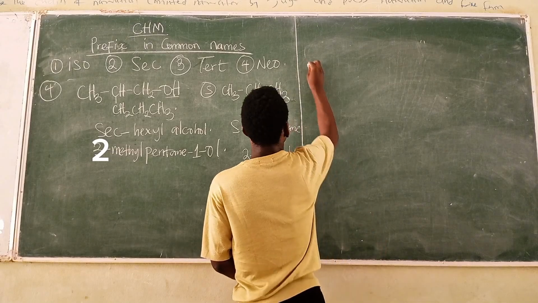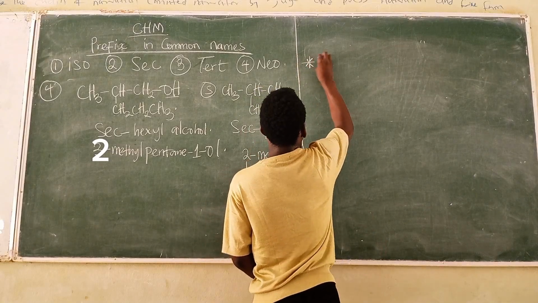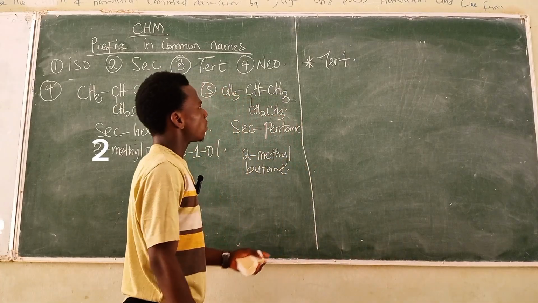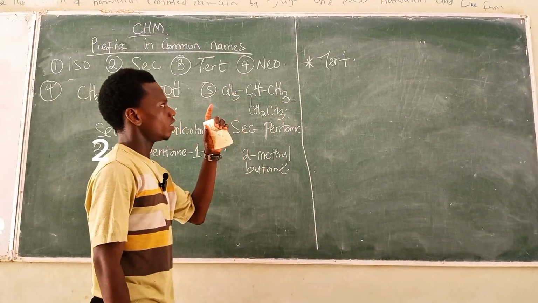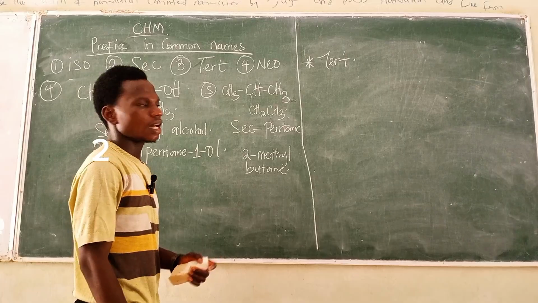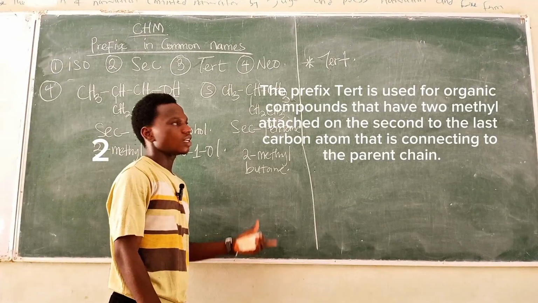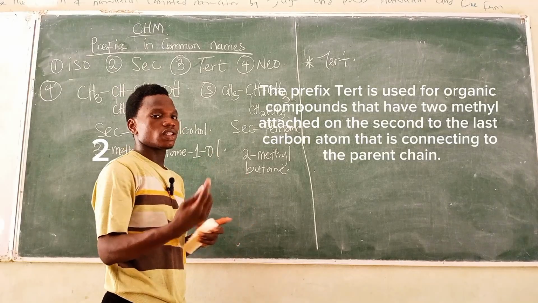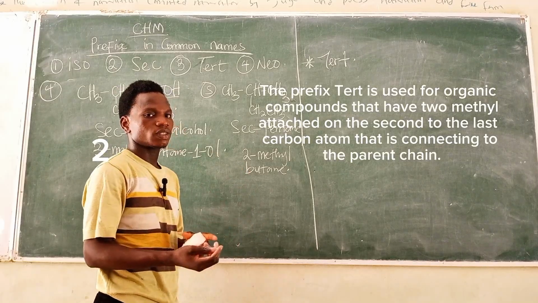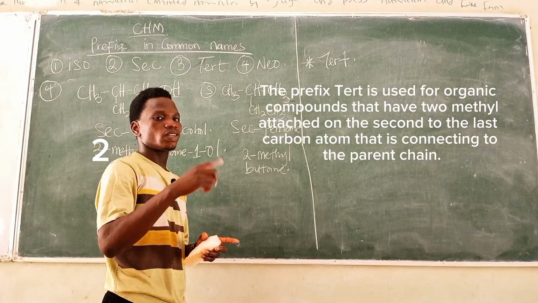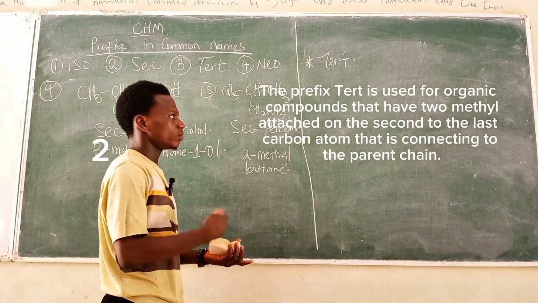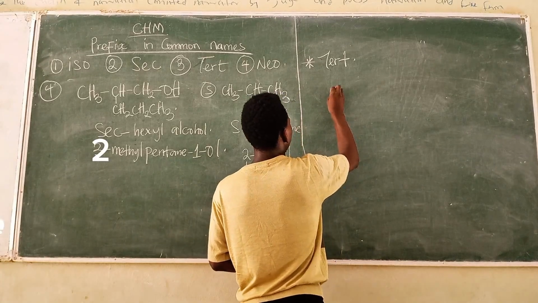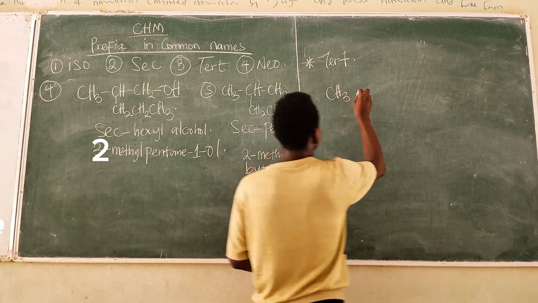Now, how to name organic compounds using the prefix Tert. Organic compounds that are named using this prefix are organic compounds that have 2 methyl groups connecting on the second to the last carbon atom that is bonding to the parent chain. Now, let's say we have an organic compound, CH3.